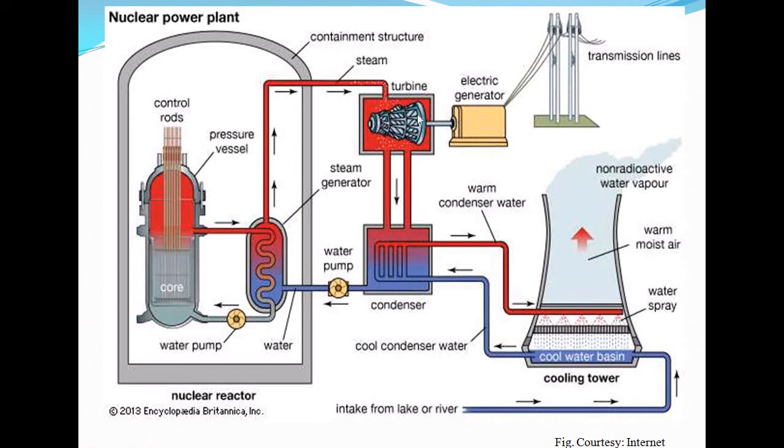So there is a steam turbine. Steam will be imparted on the turbine. The turbine blades will start rotating. The turbine is connected with an electric generator, and these are the transmission lines. From the other end of the turbine there will be steam or hot water, which is collected at the condenser, here you can see. Green color means it has less temperature compared with the red one.